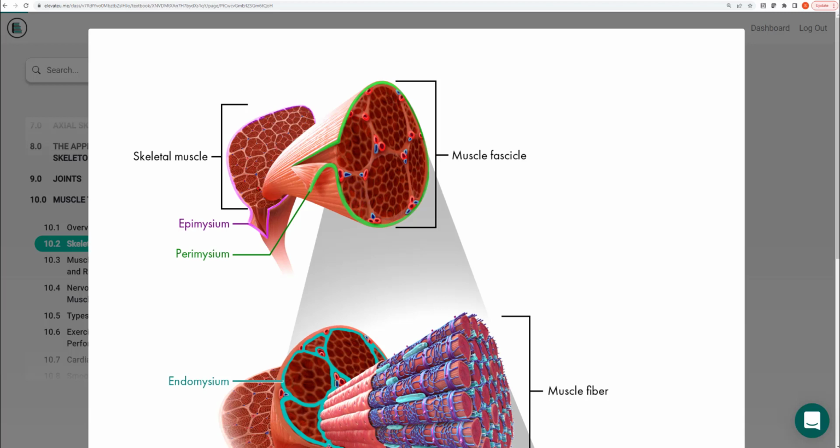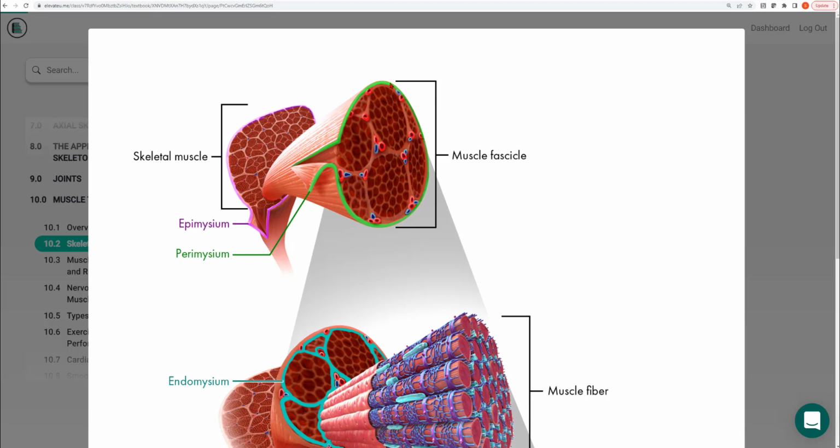If we then take just a section, one of these bundles from within the muscle, and pull it out, this is a fascicle. This is a fascicle. And we see that the fascicle is surrounded by the green colored layer of connective tissue, and that is the perimysium. Okay, so that is a muscle fascicle.